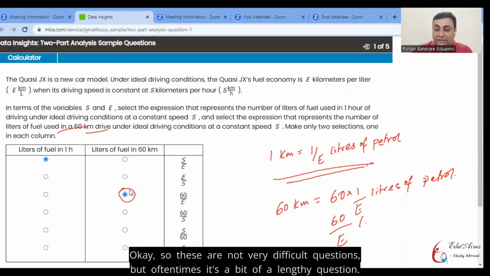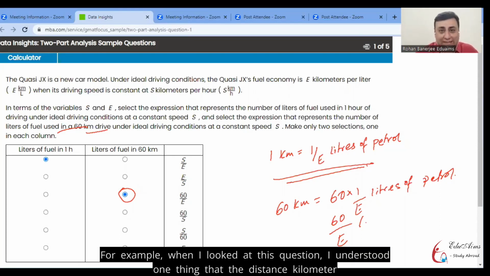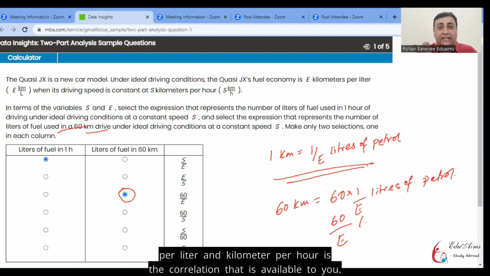Okay, so these are not very difficult questions, but oftentimes they are a bit lengthy. So how do we solve these questions? Whenever you are looking at the prompt, you will have to plan how to approach the question. For example, when I looked at this question, I understood one thing: that kilometer per liter and kilometer per hour have a correlation available to you.